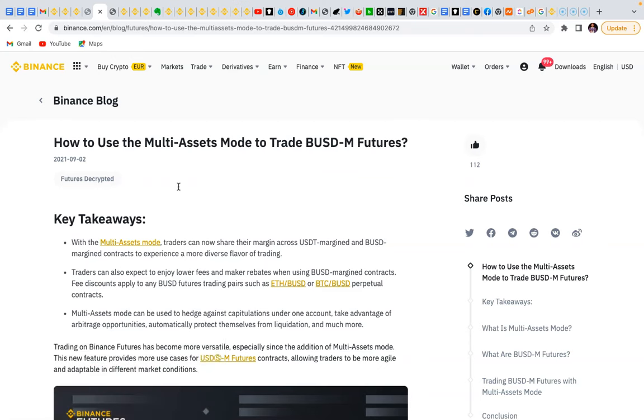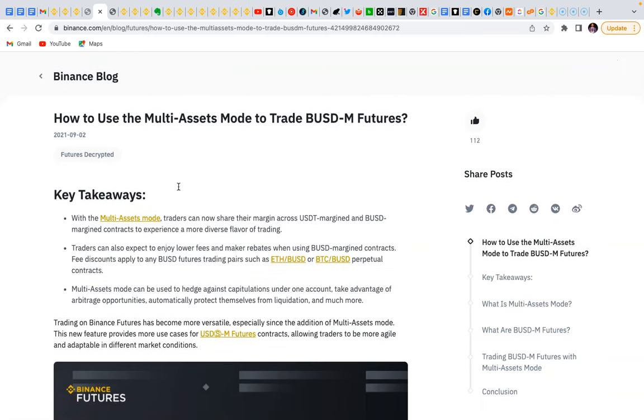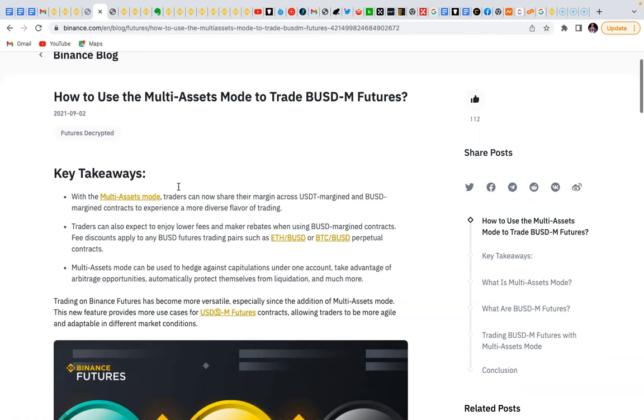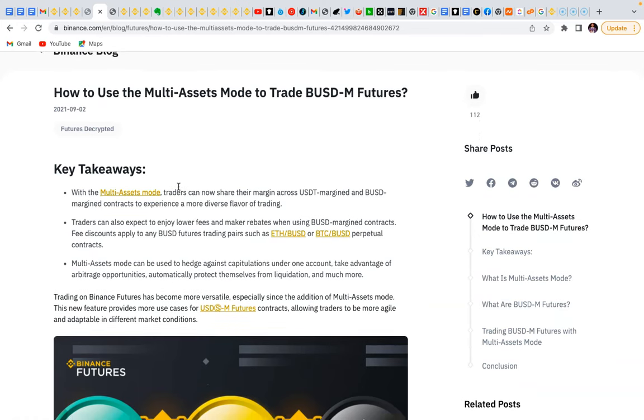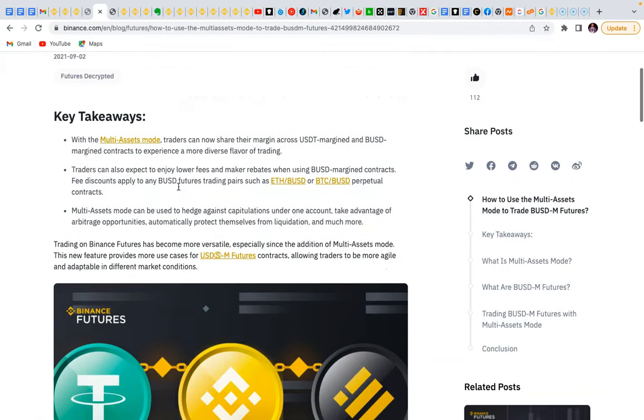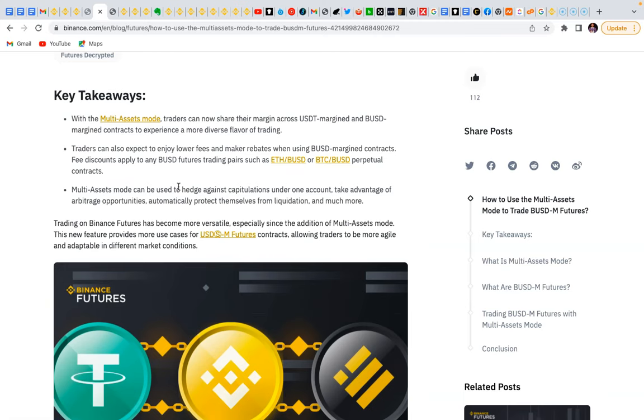First of all, I want you to understand what multi-asset mode is. I make reference to this article. The link to this article is in the description of this video, so you can always make reference to it for yourself.